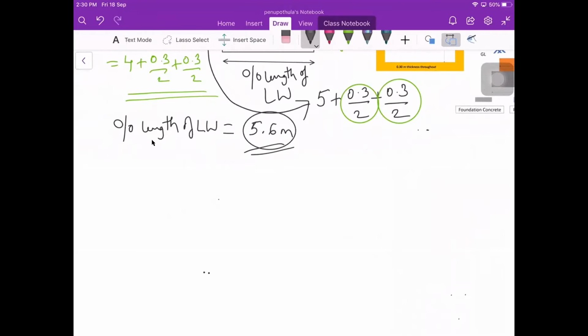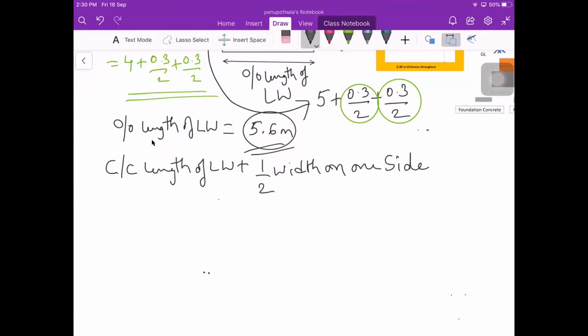But the general formula is center to center line length of long wall plus half width on one side plus half width on the other side at corresponding level. So this is what the formula says, right?